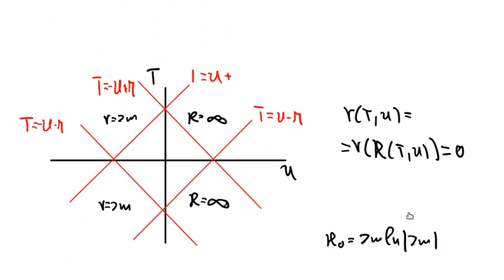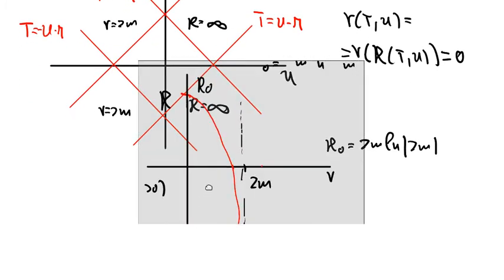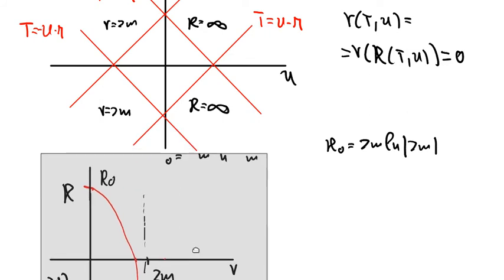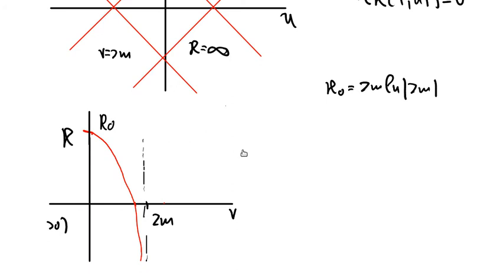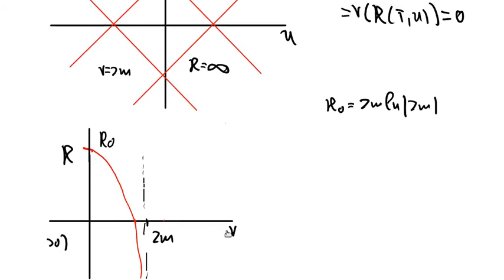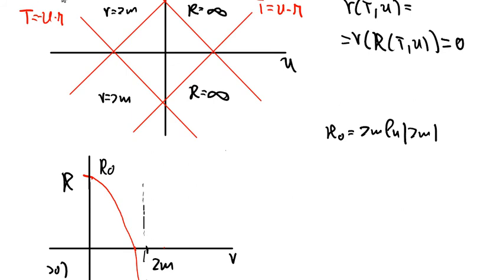So we have the graph, and if small r is equal to 0, then we see that big R is equal to r naught. So we conclude that this condition is equivalent to the condition R(T,U) equal to r naught, where r naught is this constant value.